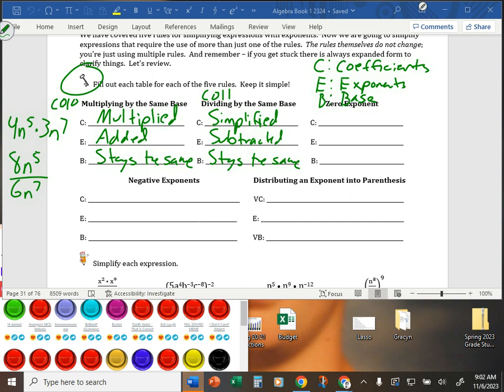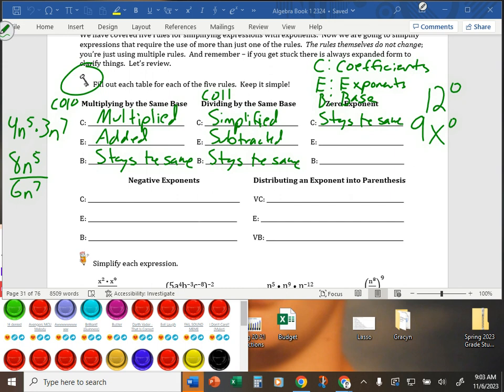Okay? A 0 exponent, for example, whether you have a numerical base or a variable base, coefficient, if there was a coefficient here, such as 9x to the 0, what would happen to the 9? This is the one rule where the coefficient stays the same.